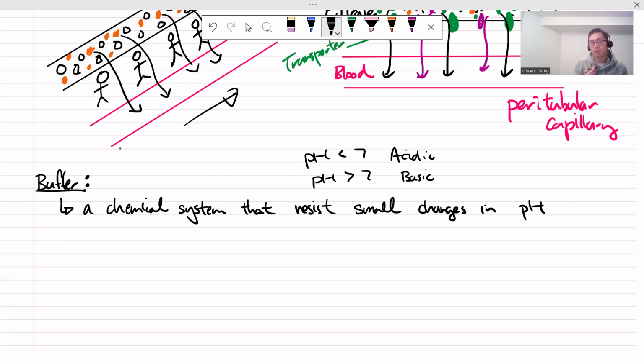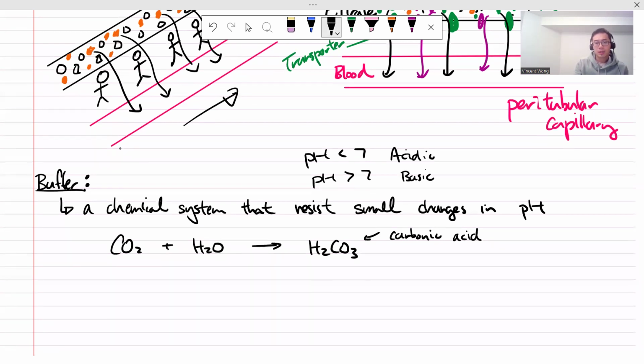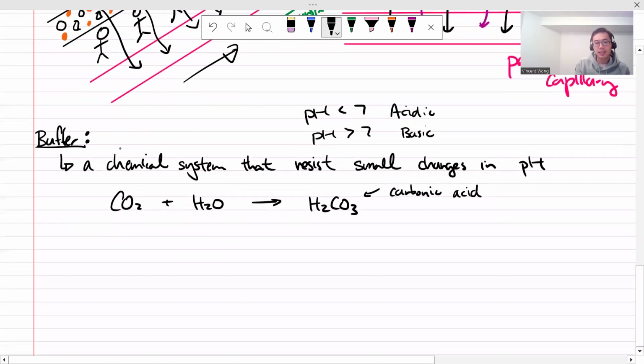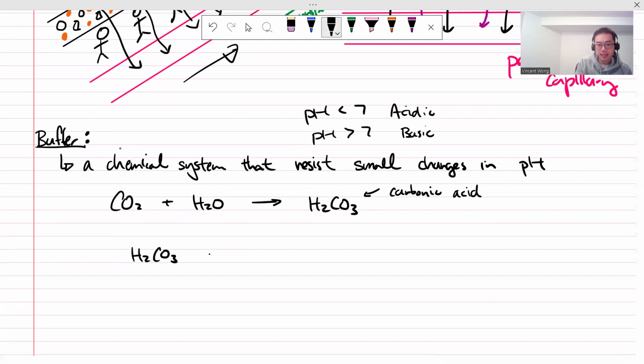So when our body performs cellular respiration, the products are water and carbon dioxide, right? So the carbon dioxide actually reacts with the water in the blood to produce H2CO3. So this here is carbonic acid. Carbonic acid is going to dissociate, like NaCl can dissociate.